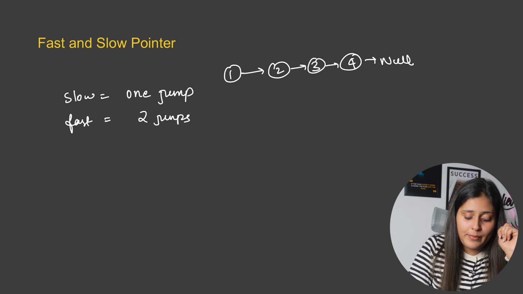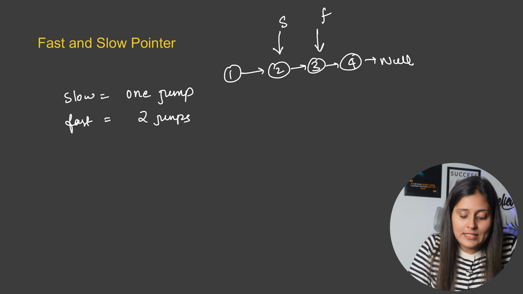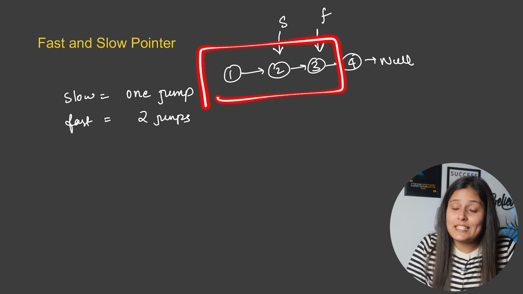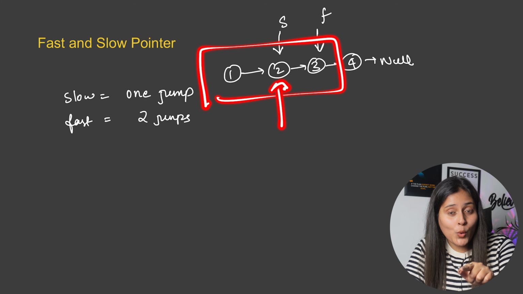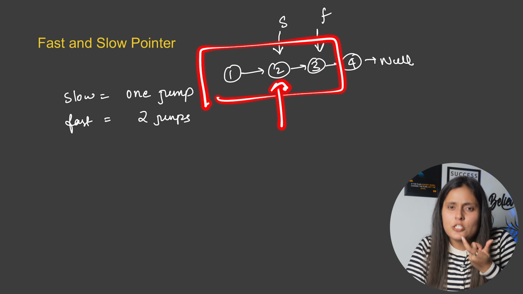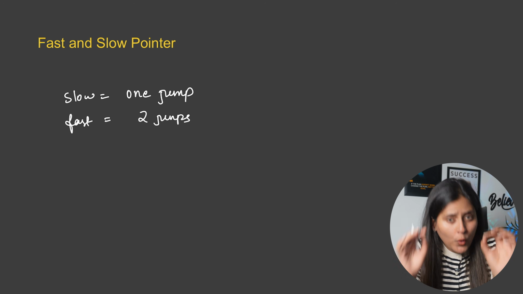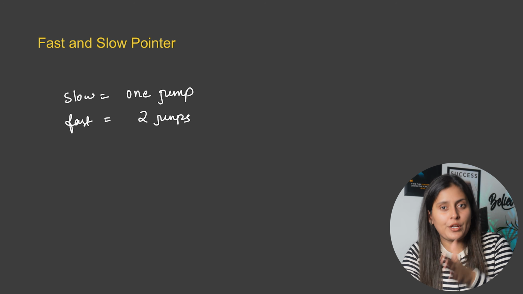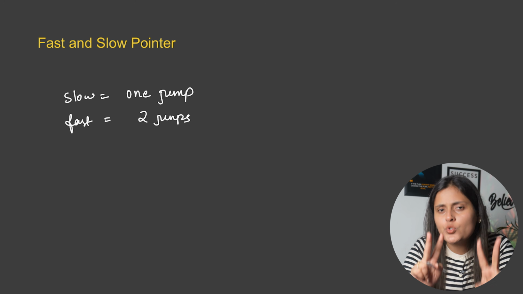So at this point, can you say slow is at the middle of the linked list? Yes, it is. Because slow is running at half speed, compared to fast, slow would have covered half of the distance also. So fast and slow logic is only about the movement of the pointers, where slow takes 1 jump at a time and fast takes 2 jumps at a time.